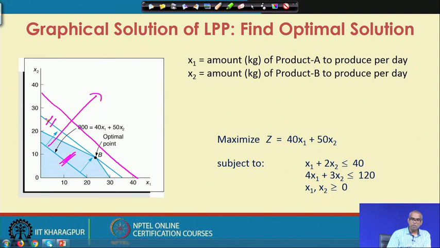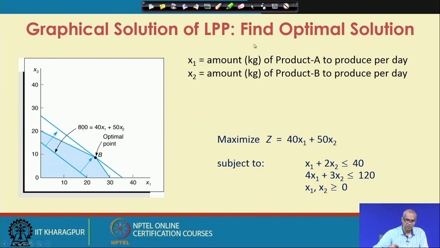So, that will lead to an infeasible solution. But if you look at point B, it lies within the feasible region and gives the maximum value of the objective function. So, point B is optimal.